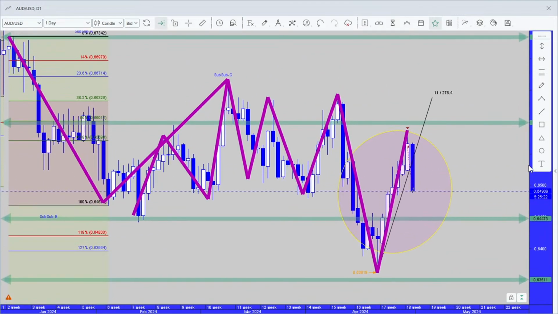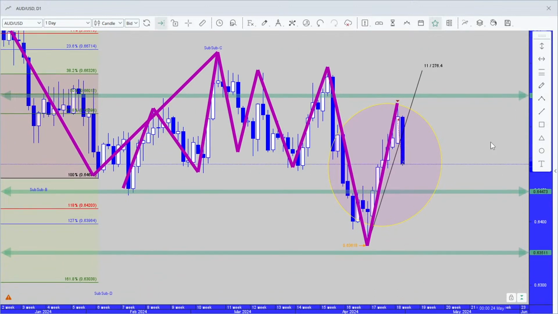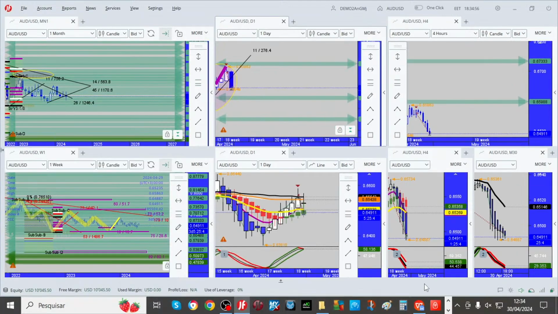Is the market in an extension going down? It is, right? So I can trade this one. Just an example.